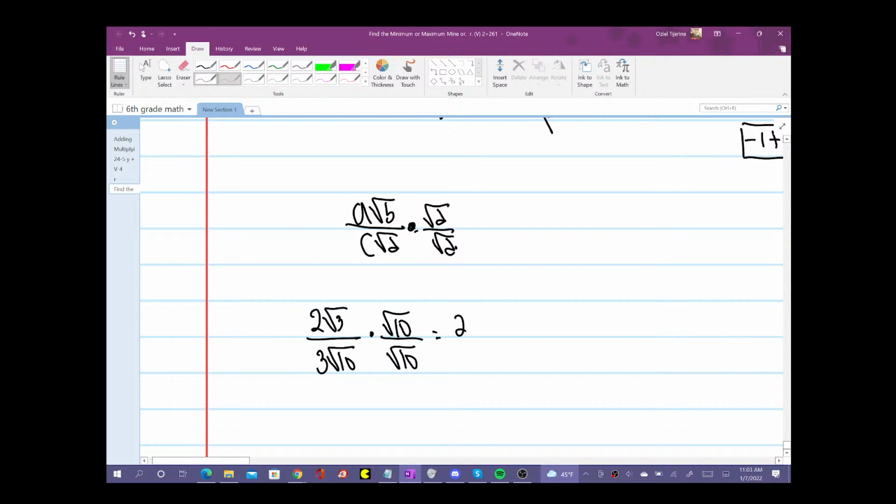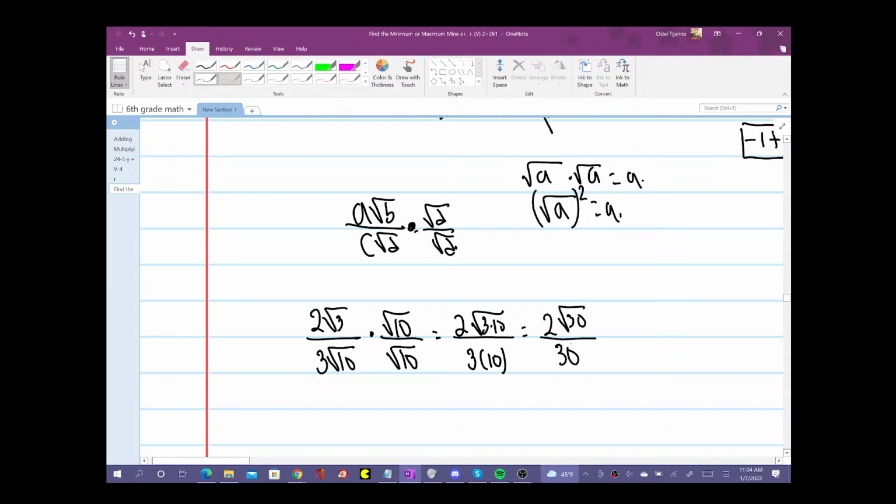This then becomes 2 square root of 3 times 10 over 3 times 10. The reason is because whenever you say the square root of a times the square root of a, this is just a, because the square root of a quantity squared is a. So that's why on the bottom, 3 times 10, right? So then this becomes 2 square root 30 over 30.